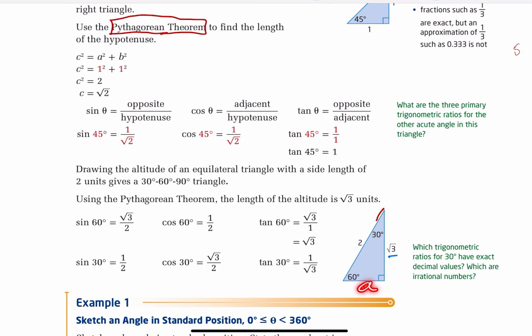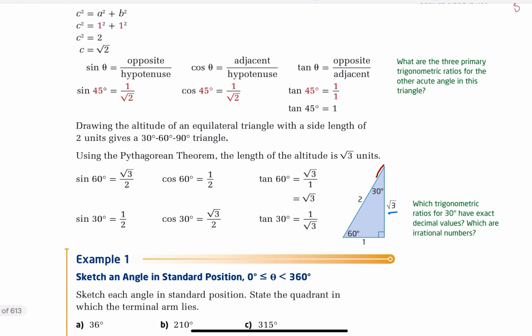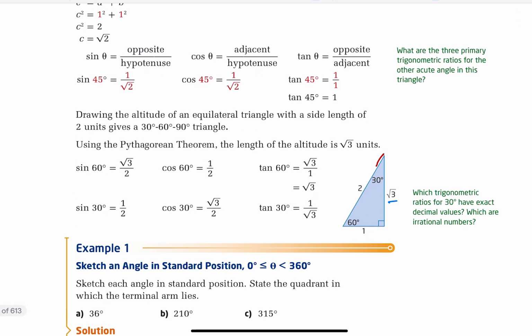So this is a, this is b, this is c. So c squared is a squared plus b squared, and you can isolate for b to find that it is actually the square root of 3. From there, you can find the sine and the cos of 30 degrees and of 60 degrees, and you can apply them.